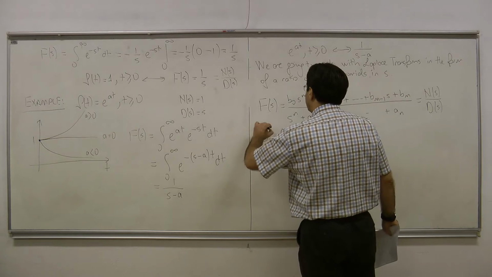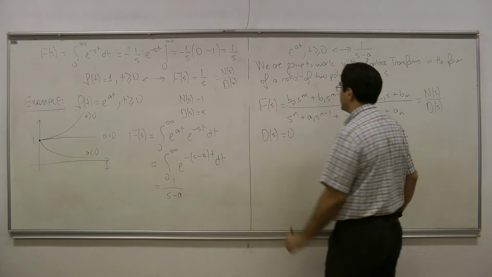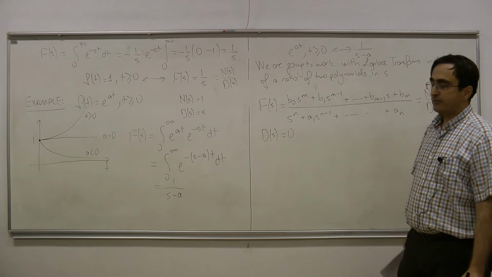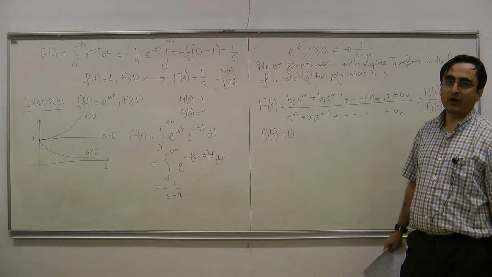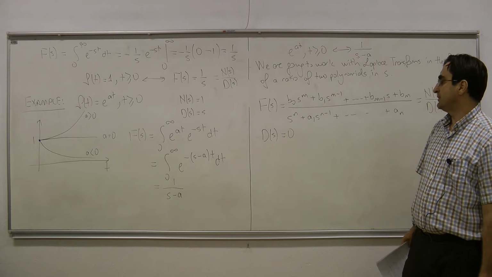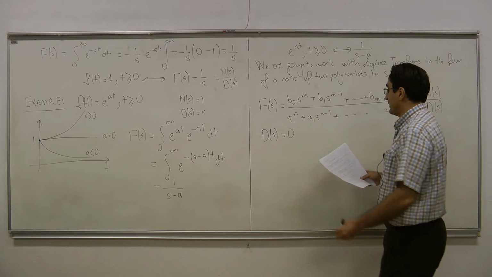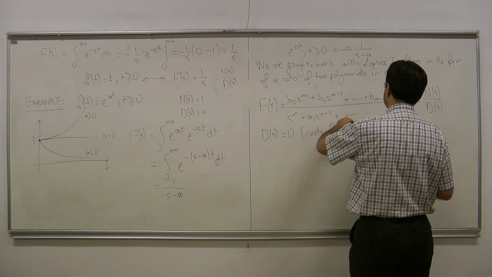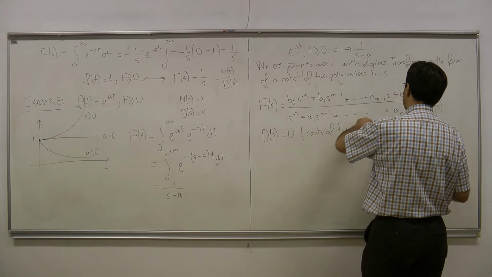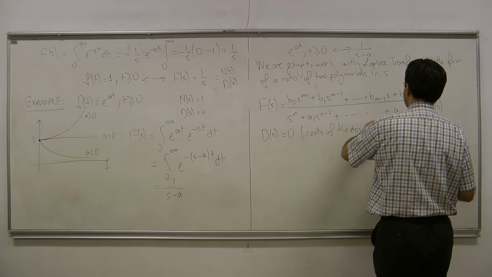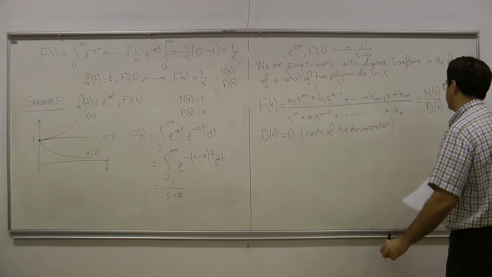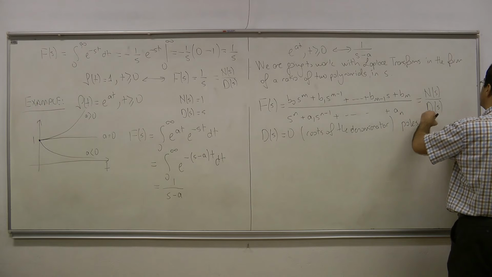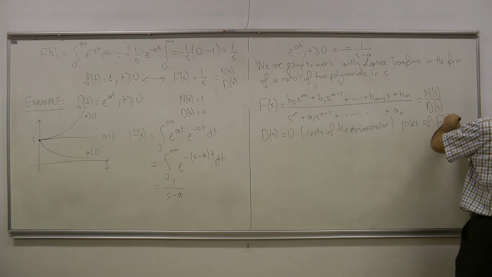And then I'm going to be equating d of s to 0 and solving for s values which satisfy this equation. And that is going to give me the roots of the denominator. And these are called poles of f of s.